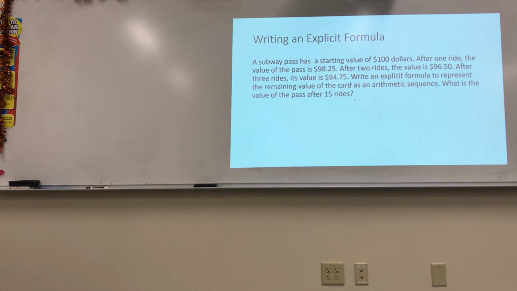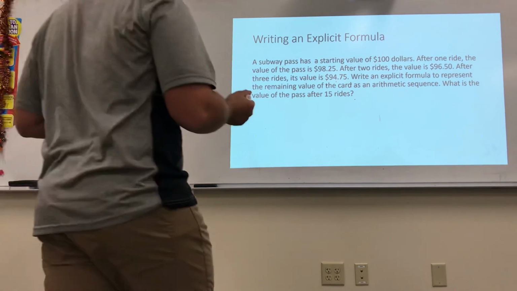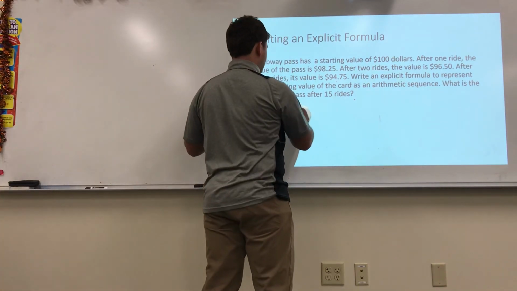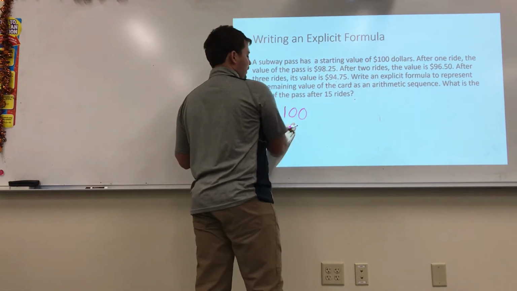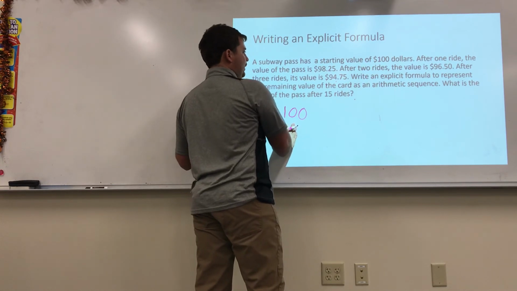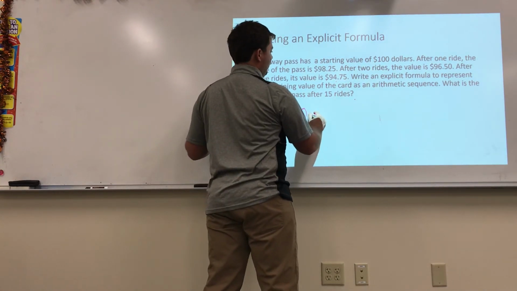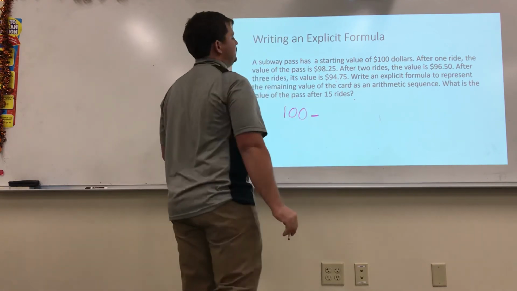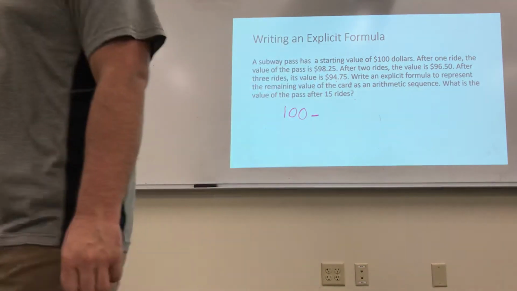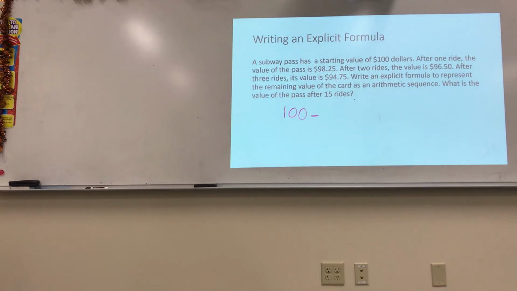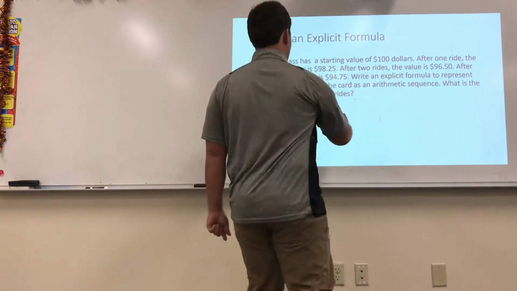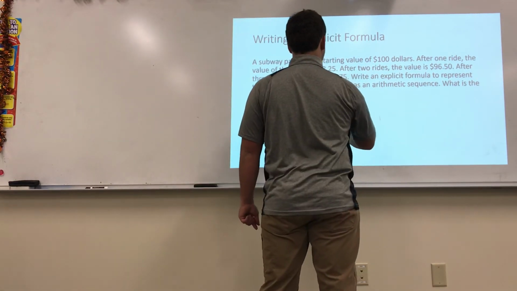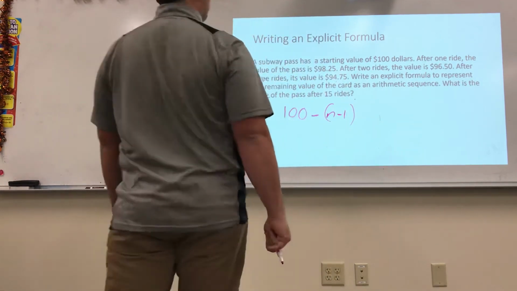So you start out with 100. Okay. So this is your initial startup value. Going back to my equation, initial value, this is my a of 1. And that is going to be minus n minus 1, and then we want to find the common difference.